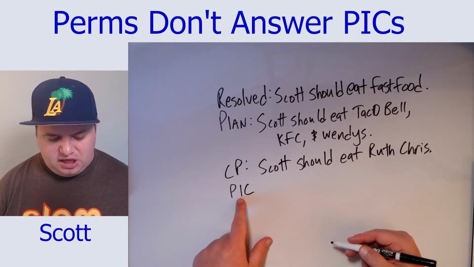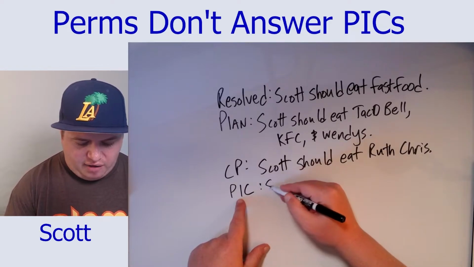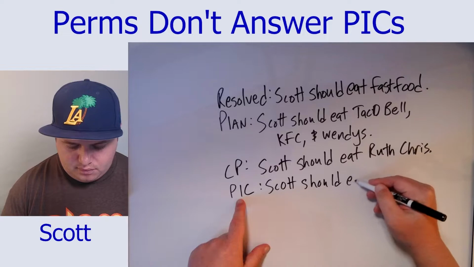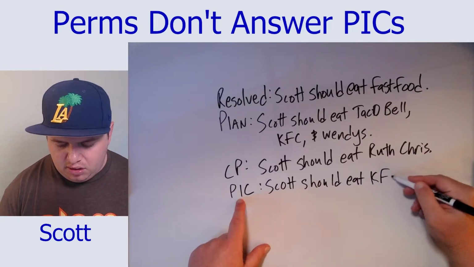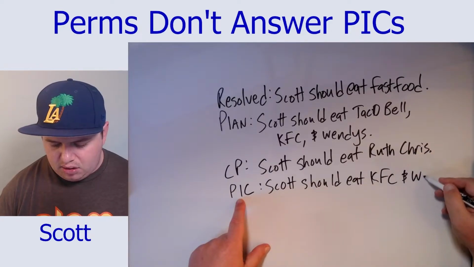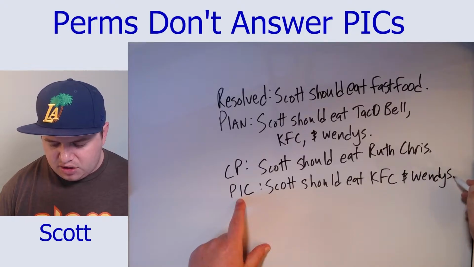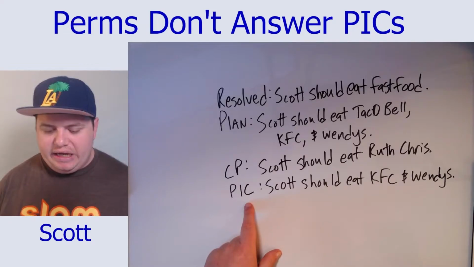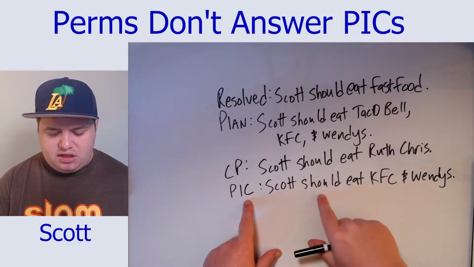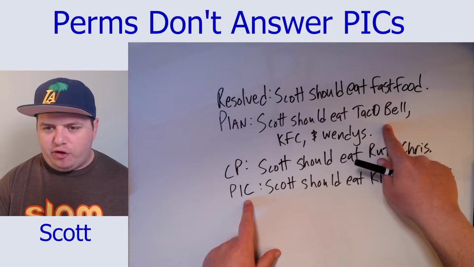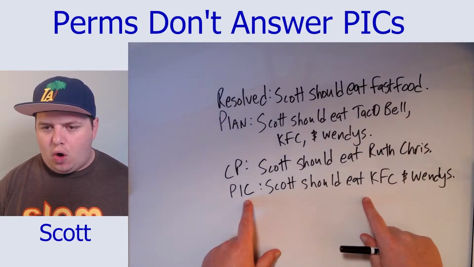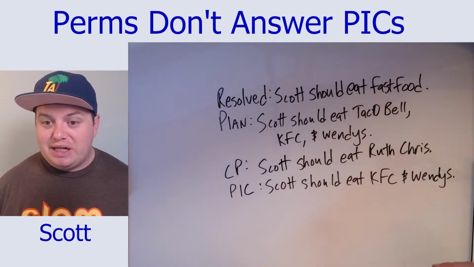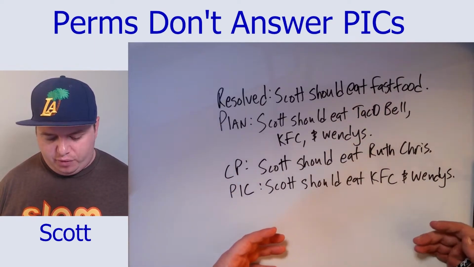So for this example, I'm going to say that Scott should eat KFC and Wendy's. So this would be an example of a plan inclusive counterplan because it does parts of the affirmative, but it does not do all of the affirmative. So it includes the affirmative, but it's not all of the affirmative.